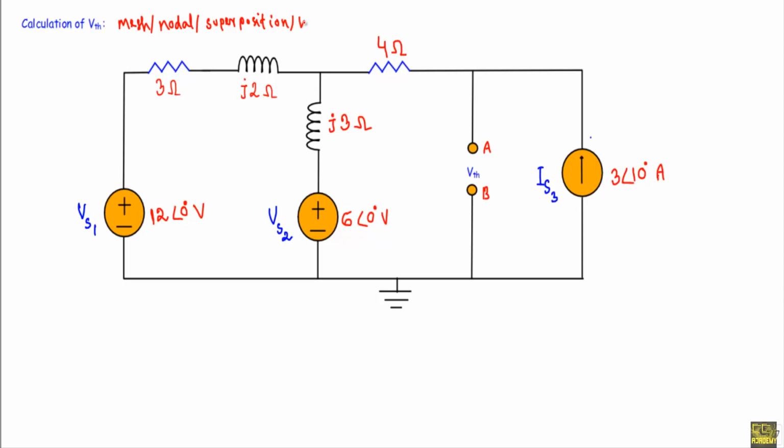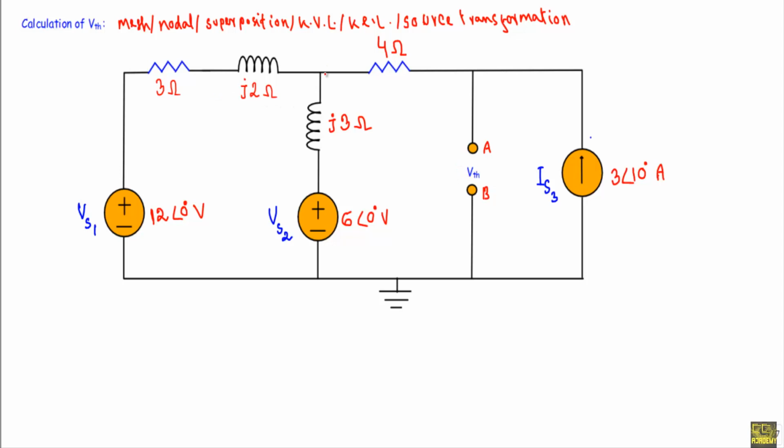Sometimes simple application of Kirchhoff's voltage law or Kirchhoff's current law in the circuit works pretty well. Sometimes you need to use the voltage divider rule or current divider rule. Sometimes you have to use the source transformation theorem. So you have to find out which method is suitable for that specific circuit to calculate VTH.